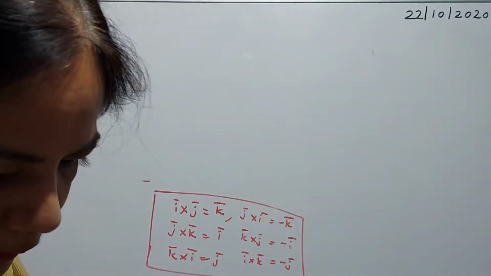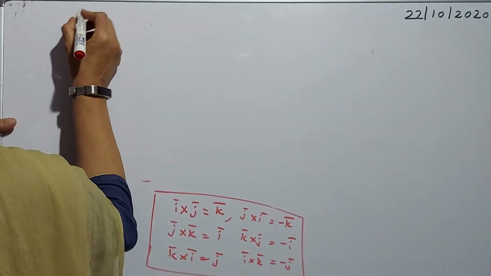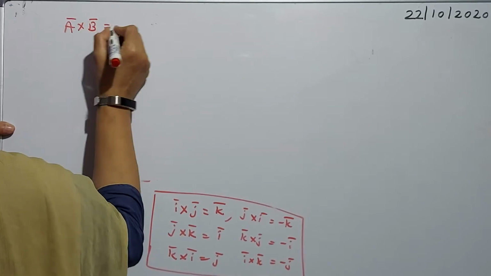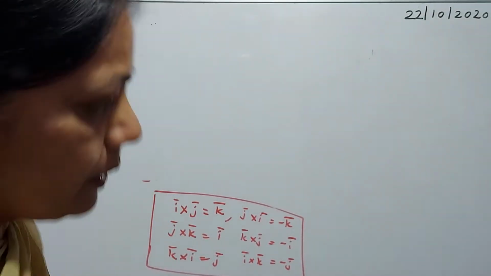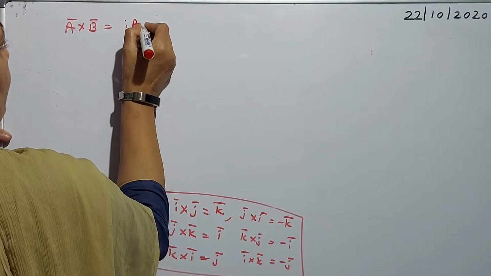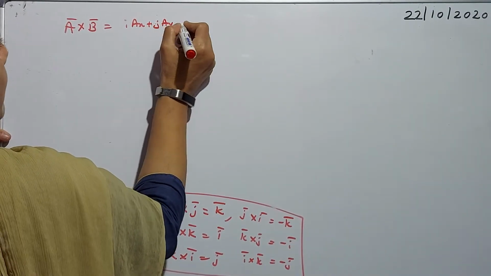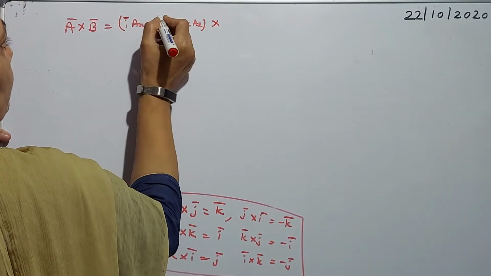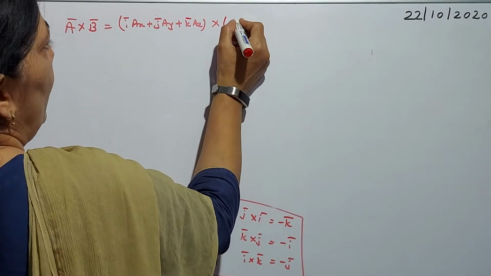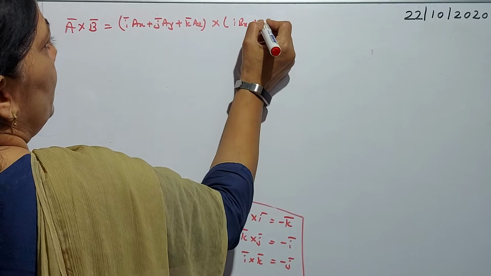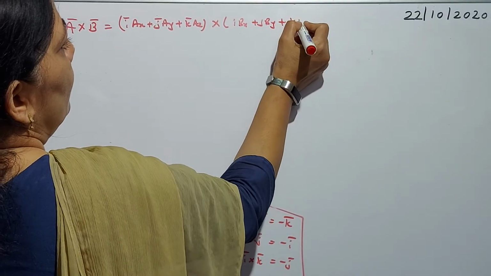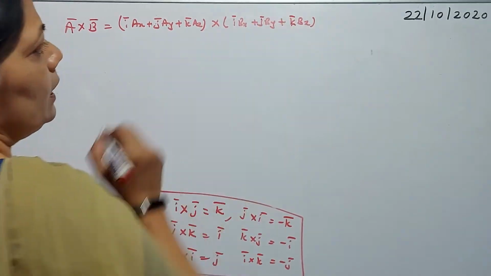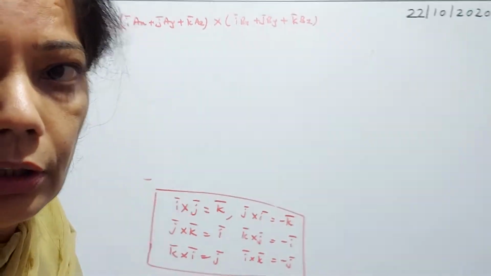So I'll say A cross B is equal to (I AX plus J AY plus K AZ) cross (I BX plus J BY plus K BZ), correct? Now it is a cross product over here, not dot product.